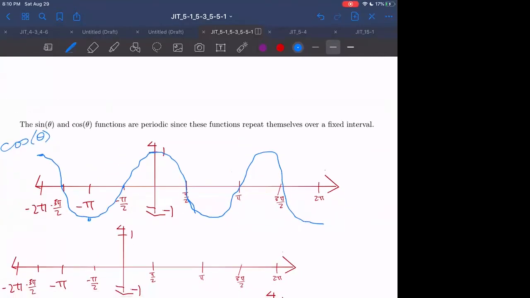It's periodic, so we can see where it repeats itself over the interval.